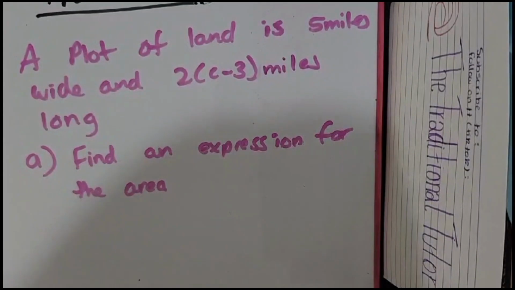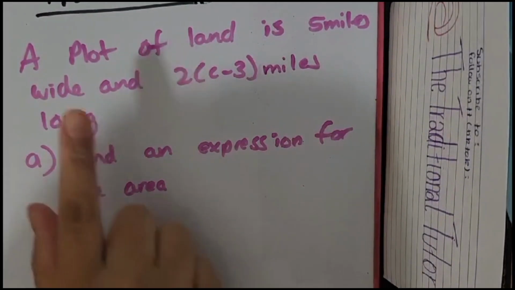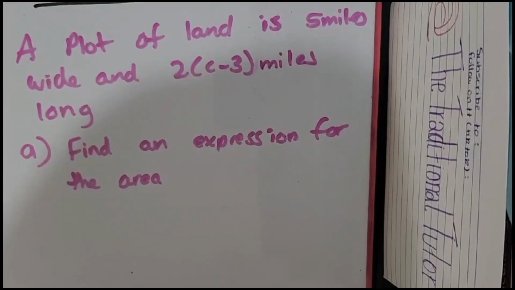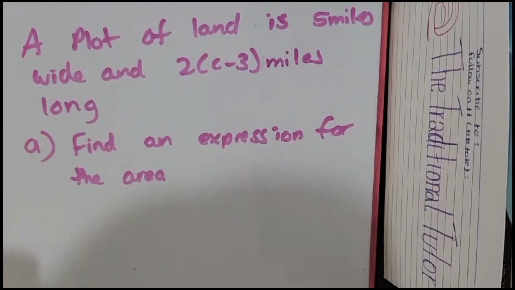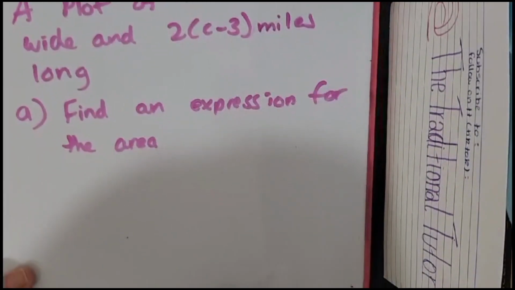Okay, so for the next question again, I've got a problem solving one. It says that a plot of land is 5 miles wide and 2 times c minus 3 miles long. I need to find an expression for the area. Okay, so what I'm going to do is again draw my sketch.